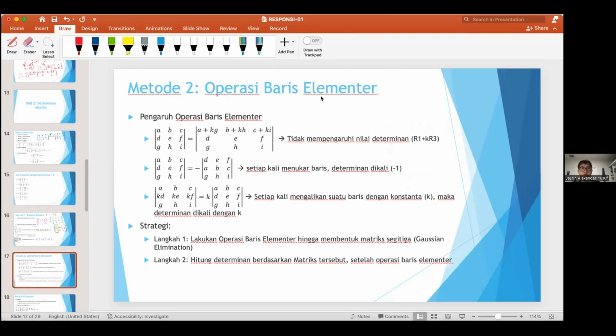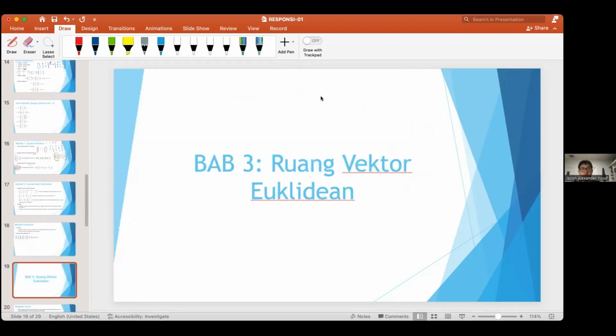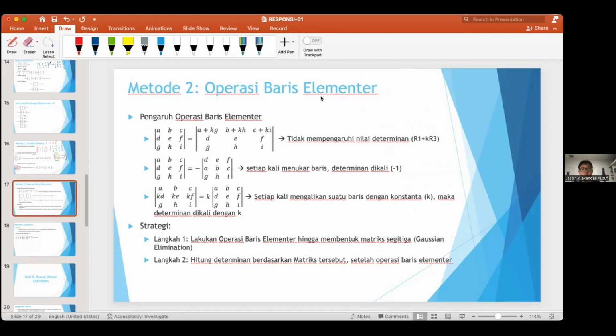The second one, to find the determinant, is to use elementary row operations. The first thing that we should do is to understand what row operations do to the matrix.